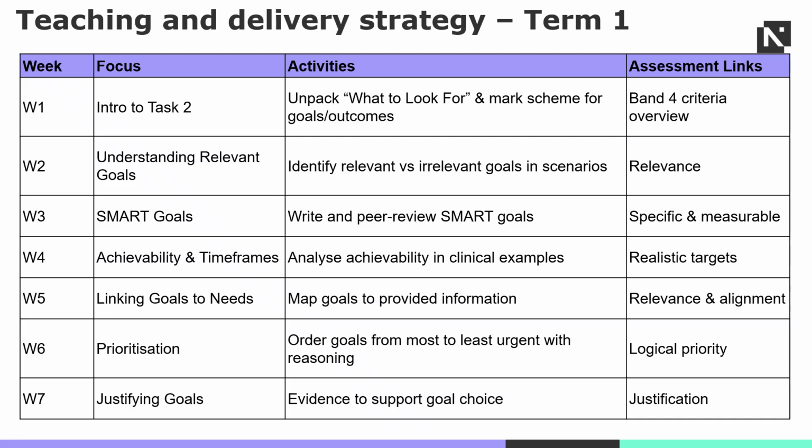Weeks 2 to 4 build relevance, measurability and achievability, ensuring goals are realistic and set within time frames. Weeks 5 to 7 focus on linking goals directly to patient needs, prioritising them logically and justifying choices with evidence. This staged approach ensures learners can move from understanding the theory to applying it in context.